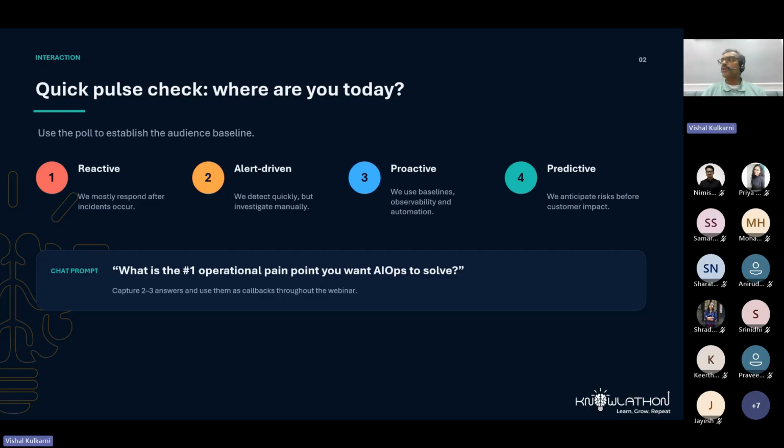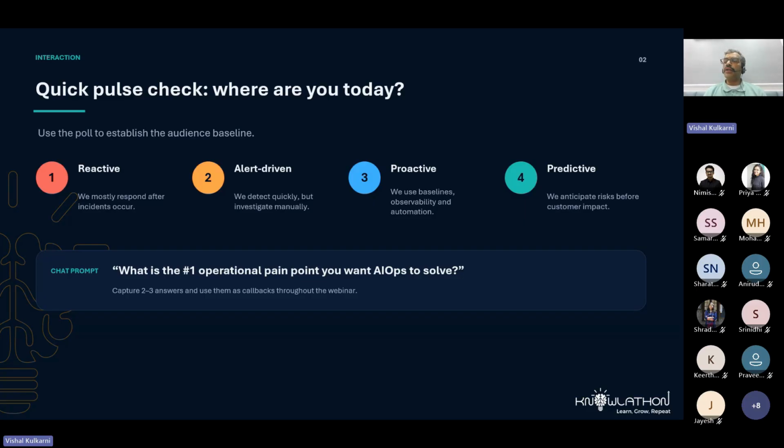Then I would ask you one more question. You are predominantly coming from different domains and different organizations. An organization is a group of people coming together to achieve a common objective, and every organization has its own ways of executing and managing operations, and its own set of products and services.